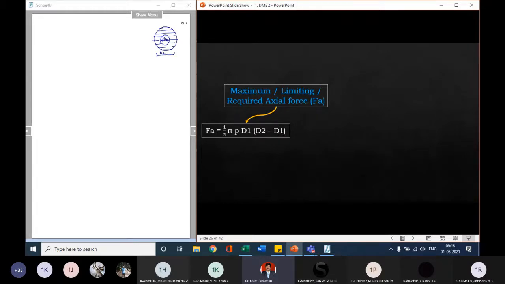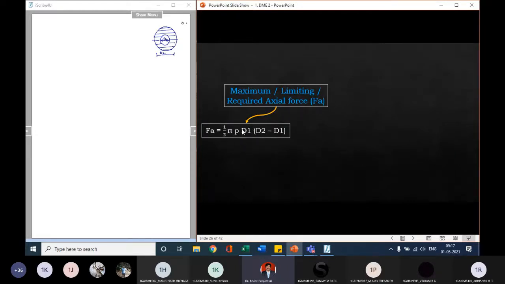If you are calculating FA from this formula, FA is axial force, but unfortunately different textbooks started using different names. It is also called maximum axial force, or limiting axial force, or required axial force. So remember these terms: maximum, limiting, required axial force.